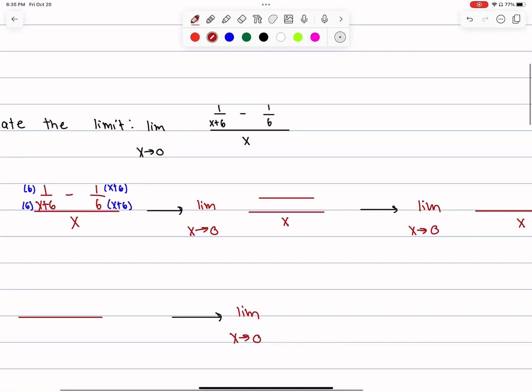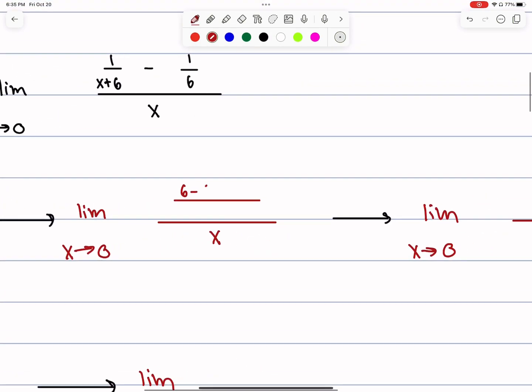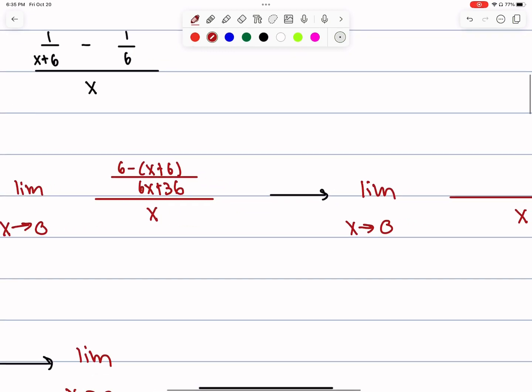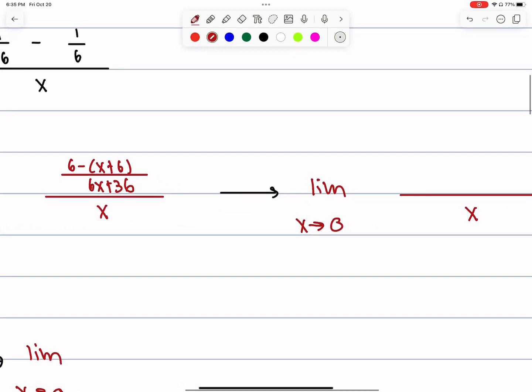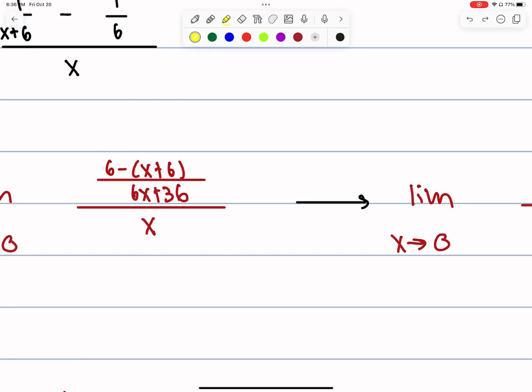Now that you found your common denominator, you can FOIL out the top and bottom, which is going to leave you with 6 minus (x plus 6) at the top, and at the bottom, you're going to get 6x plus 36. Now, since we have that subtraction symbol in front of the parentheses, we're going to have to distribute it to both terms.